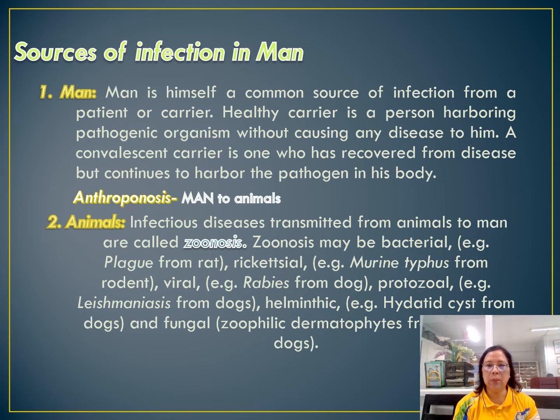It could be caused also by the rickettsial group, the virus, the protozoans, and even the helminths. The helminths are usually taken from our pets, and then also fungal infection. So animal and animal-like organisms could be classified as zoonosis as a source of infection.